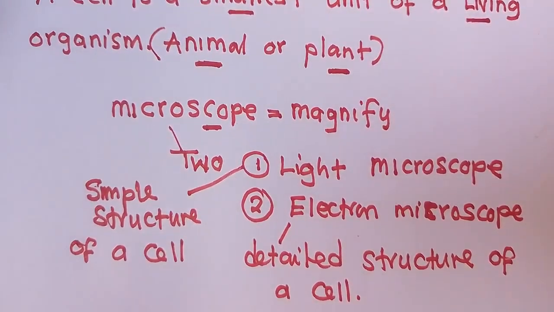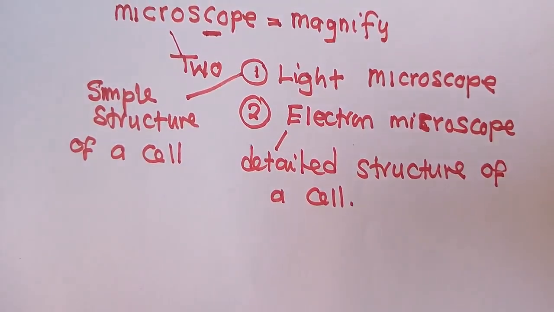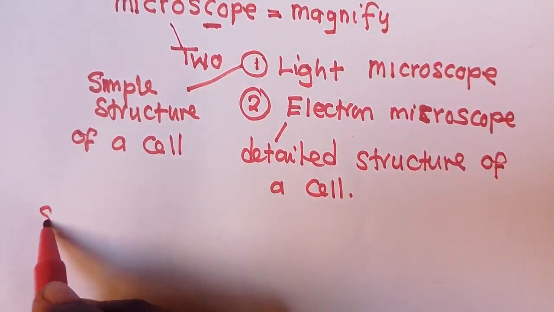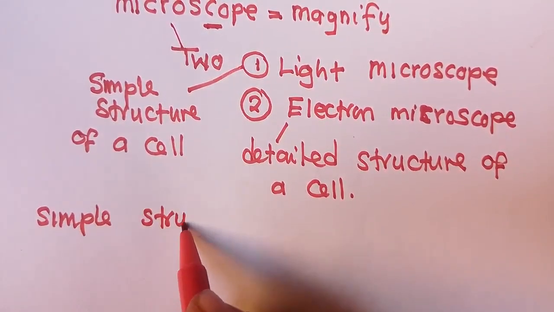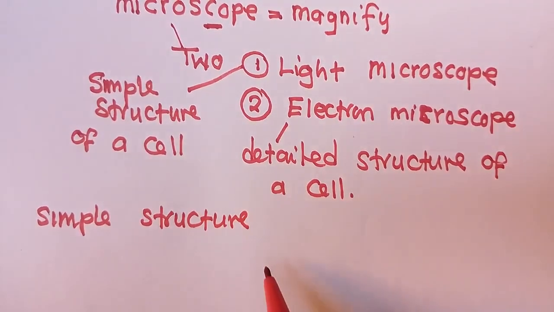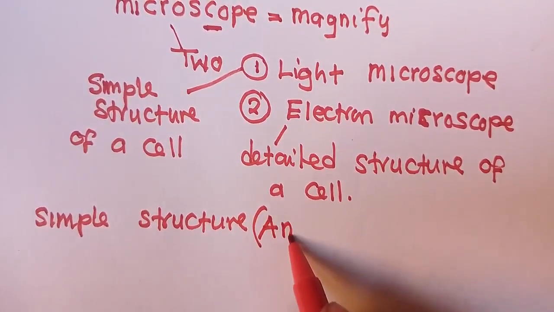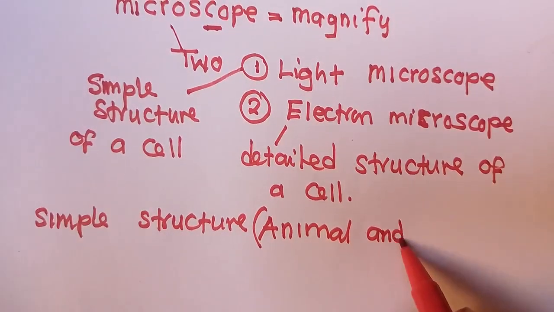So let us now look at how a cell is viewed under a light microscope. We look at a simple structure of a plant cell and an animal cell. So we are going to look at an animal cell and a plant cell.